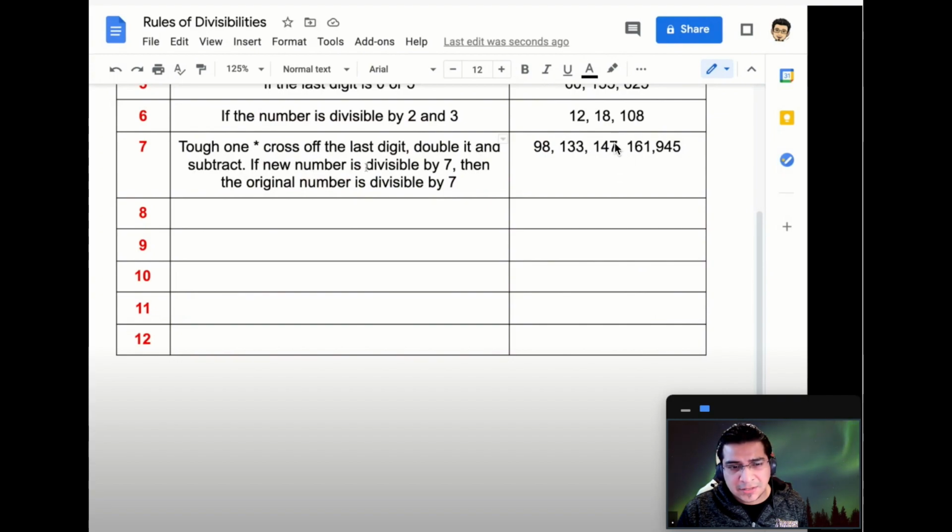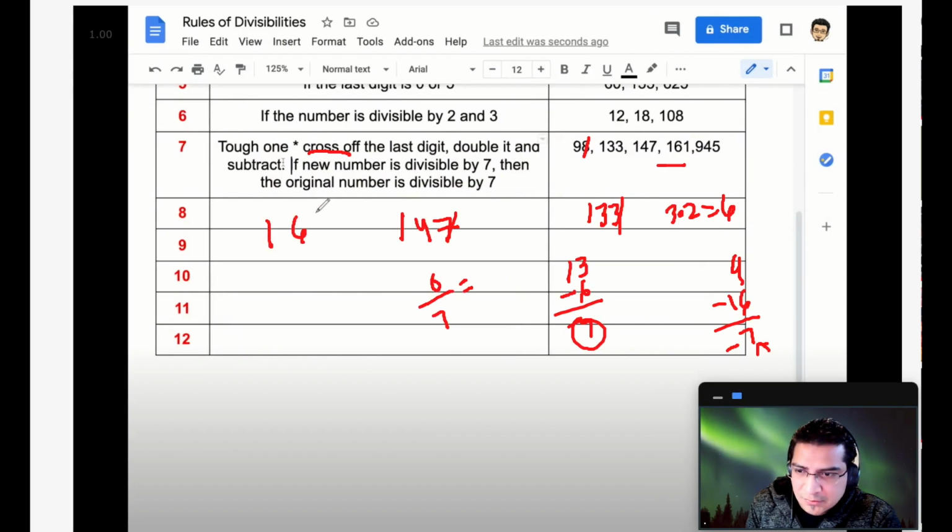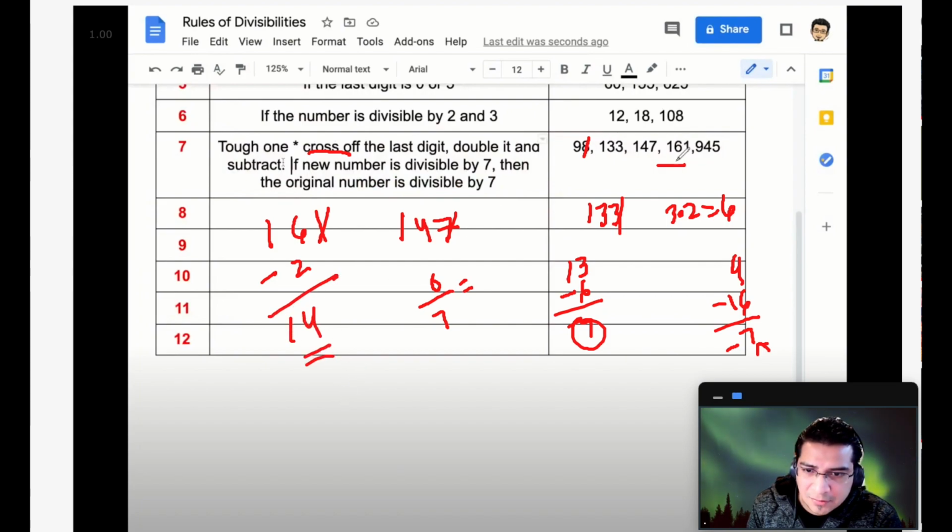Well, if I can just take out the 7, I know that 14 is divisible by 7, so I'll just stop there. 161. Cross that out. 1 times 2 is 2, so I subtract that, minus 2, and then I get 14. Since 14 is divisible by 7, 161 is divisible by 7.